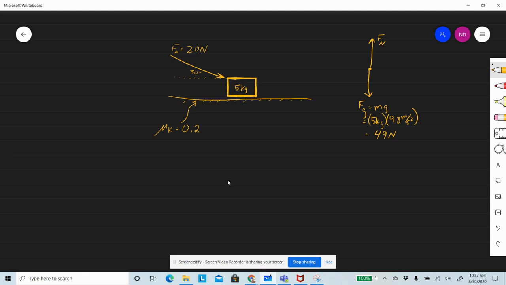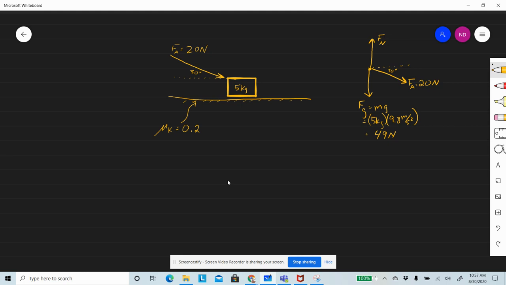It's being pushed this way at an angle of 30 degrees below the horizontal, and that push is 20 newtons, the applied force. Now again, some of that pushes to the right, some of that pushes down.